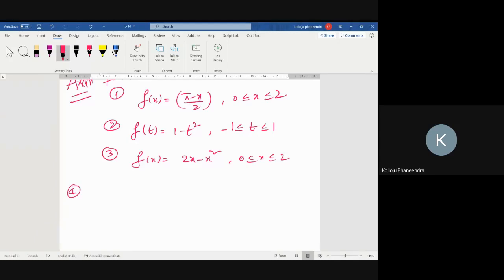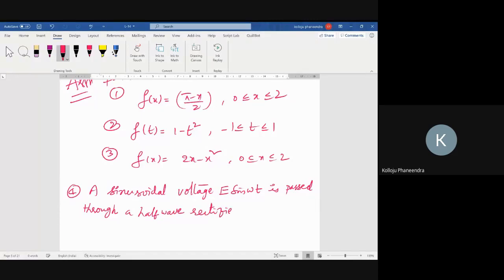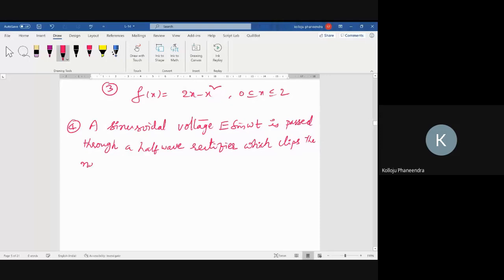Fourth one. A sinusoidal voltage E sin omega t is passed through a half wave rectifier which clips the negative portion of the wave.